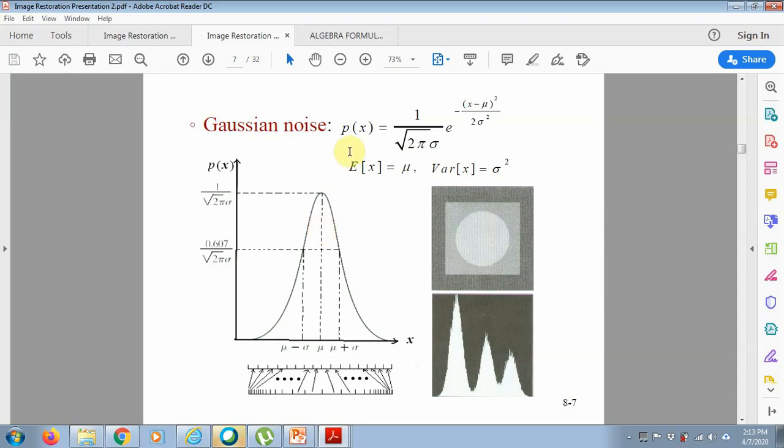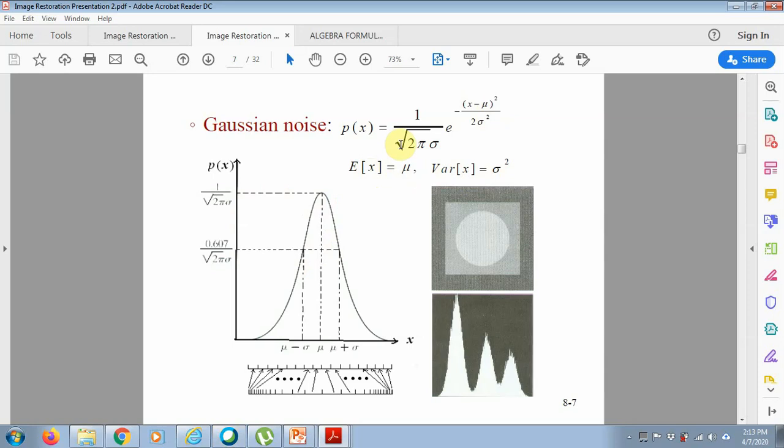So the Gaussian noise function p of x will be 1 by root of 2 pi sigma multiplied by exponential raised to minus (x minus mu) whole bracket square divided by 2 sigma square, where mu is the mean, that is the expected value of x, and sigma square is the variance.